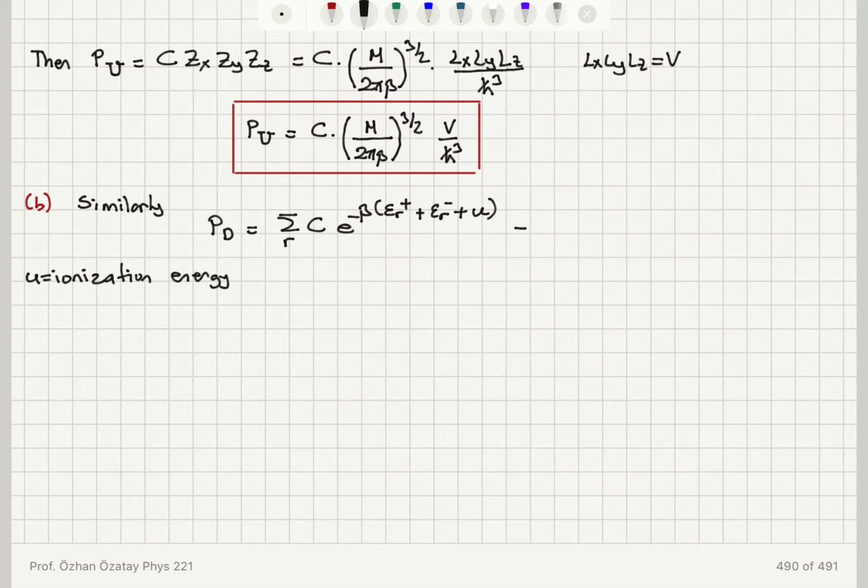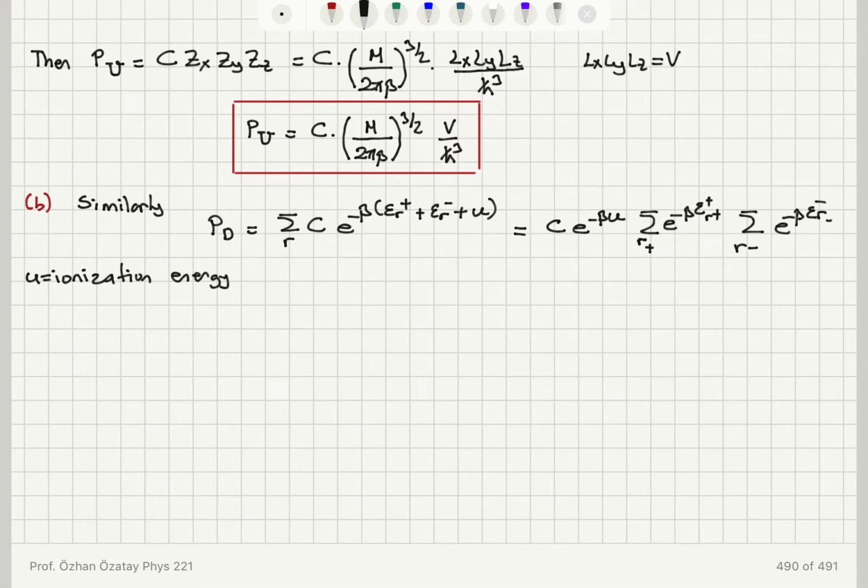So this will be equal to C times, now I can basically take the u out because it doesn't belong to this summation, e to the minus beta u, sum over r. So this will be for the plus ones, r pluses, e to the minus beta epsilon plus for r pluses, and sum over r minus e to the minus beta epsilon r minuses for the electrons.